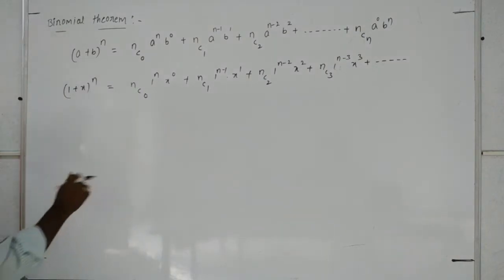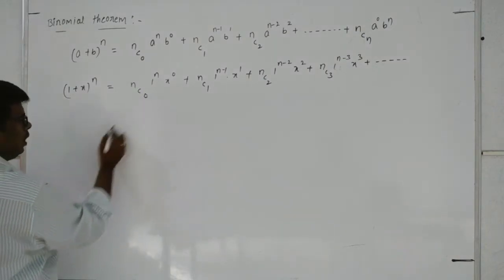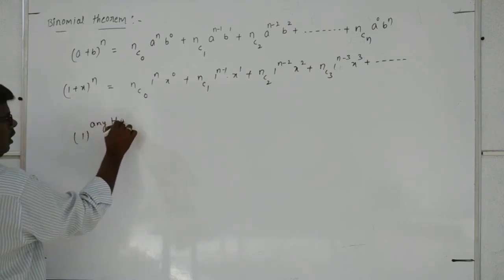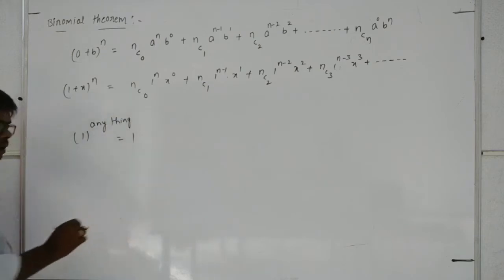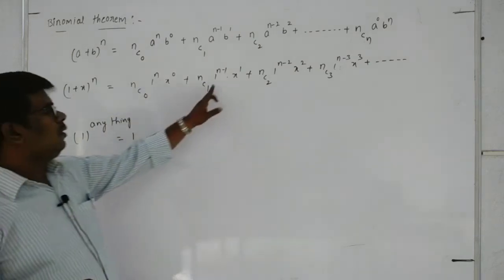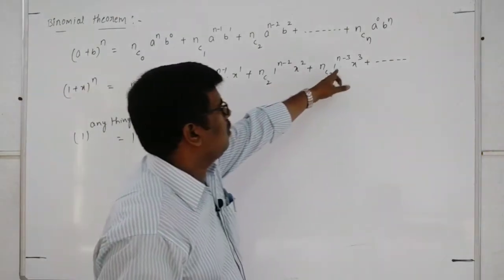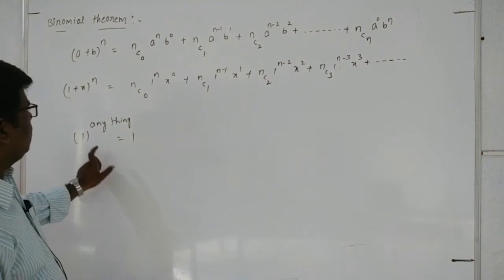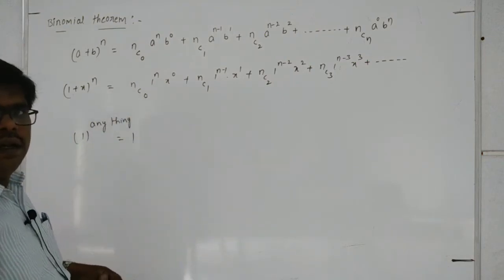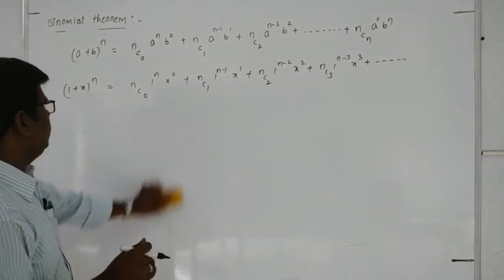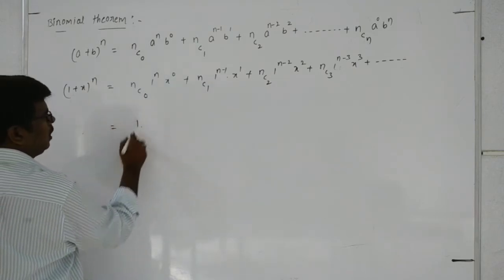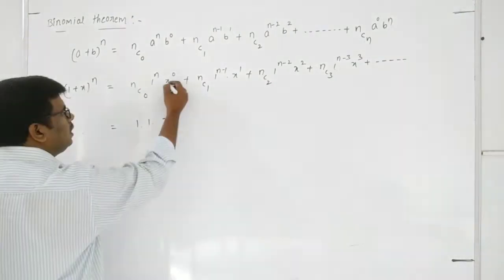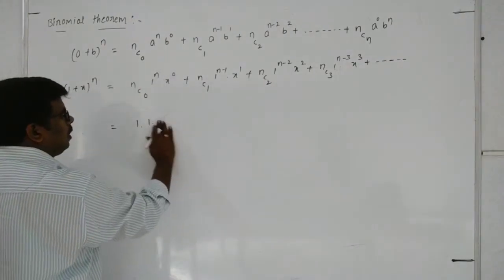Now we know one thing: 1 power anything is 1 only. So whether it is 1 power n, 1 power n minus 1, 1 power n minus 2 or 1 power n minus 3, whatever it is, it is 1 only. Then if you simplify this, we can write: nC0 is 1, 1 power n is 1, and x power 0 is also 1, anything power 0 is 1.